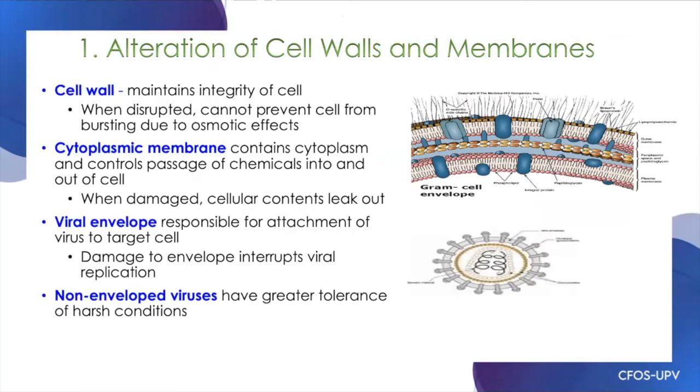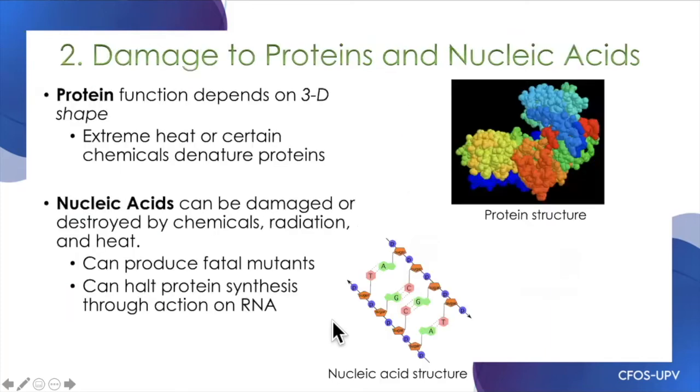And once this is damaged, cellular contents leak out. And for viruses, damage to the viral envelope interrupts viral replication, no? And note that non-enveloped viruses have greater tolerance to harsh conditions. Okay.